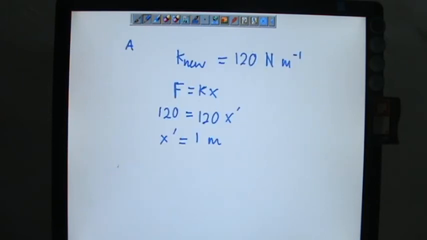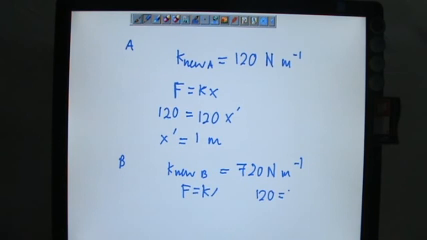So how about situation B? Situation B, the new K for B is equal to 720 Newton per meter. So F equals Kx. So you have 120 equals 720 times the new extension.